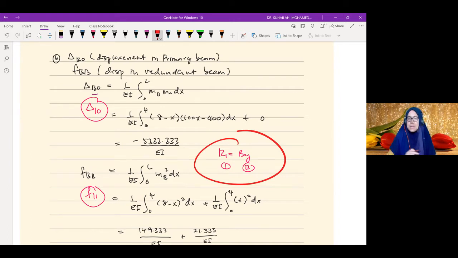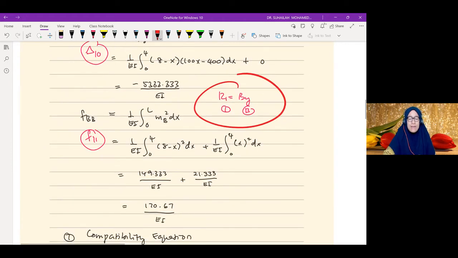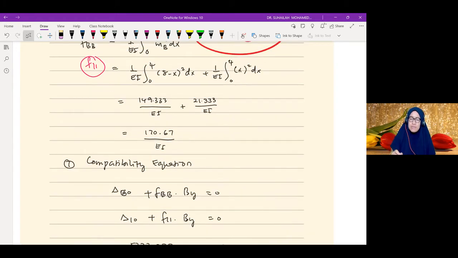We can leave the answer in terms of EI because EI will be cancelled when we solve the compatibility equation. Then we continue to calculate FBB. FBB is MB squared. If we use F11, it is M1 squared. For FBB we get 170.67.